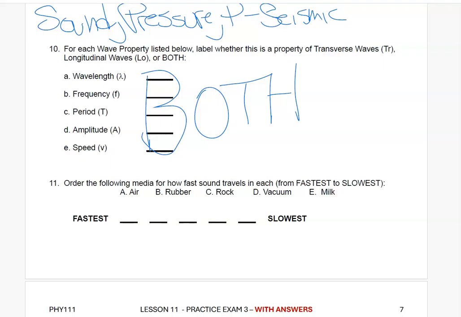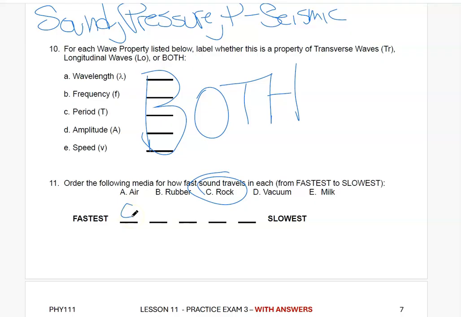And you'll notice some of these are solids, liquids, gases, or vacuum. And what we know about sound is sound prefers to move through the densest material, even more accurately, the stiffest material. It will always move faster. And by far, the stiffest material is rock. And so it will go the fastest through rock.